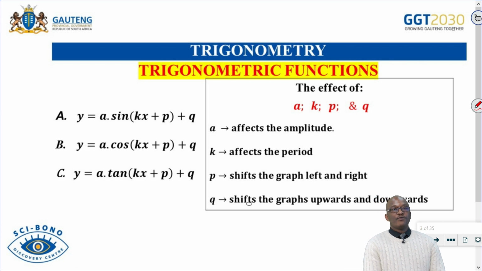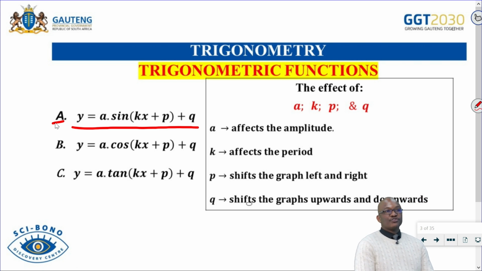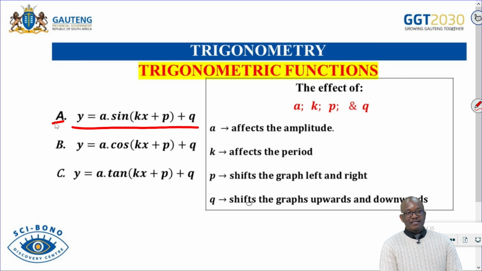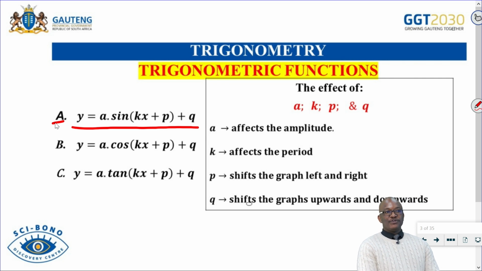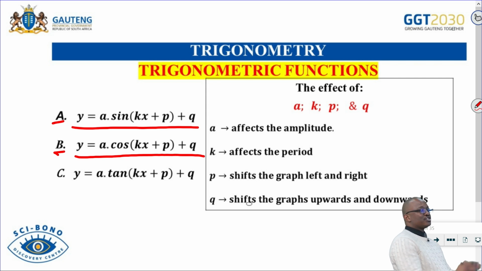With trigonometric functions, we have three functions. The first one is the equation y = a sin(kx + p) + q. The second one is the equation y = a cos(kx + p) + q.